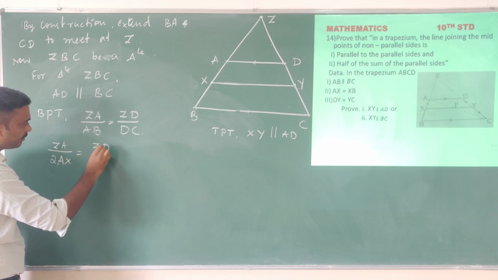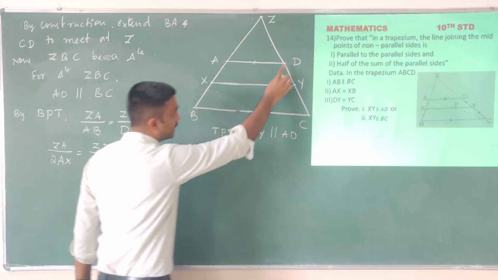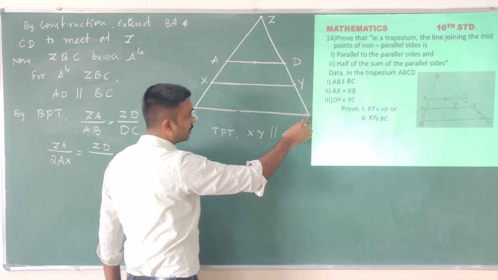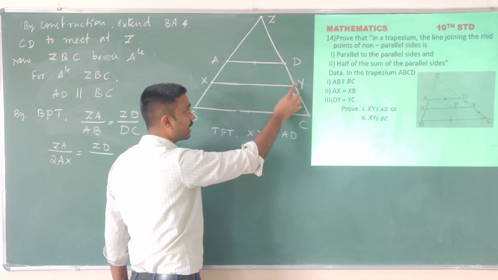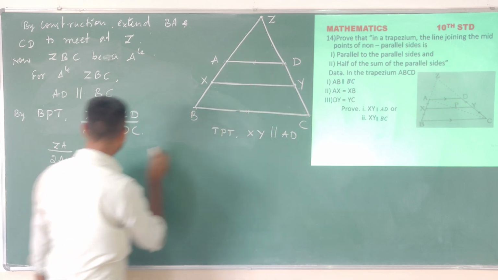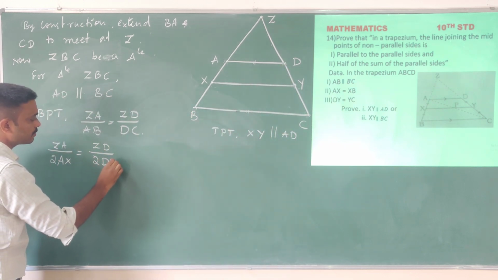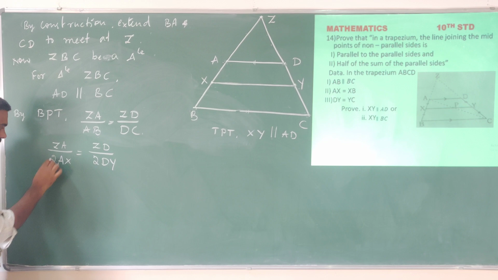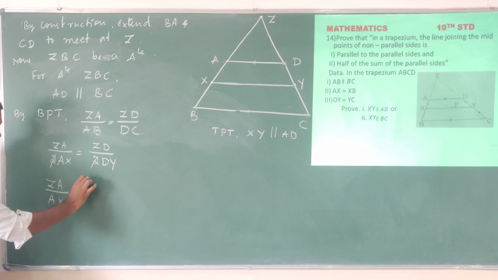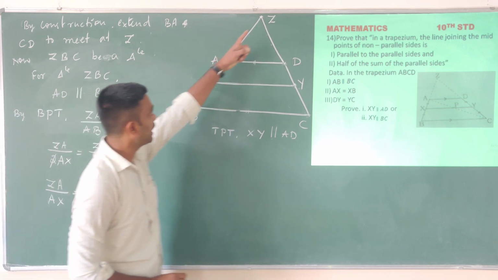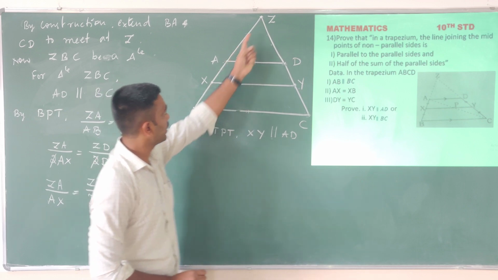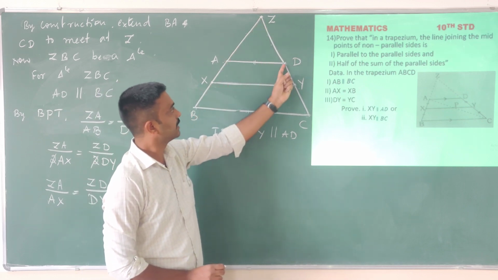Similarly, ZD, which we keep as it is, divided by DC is twice DY, because Y is the midpoint of DC, and hence DC can be written as 2 times DY. Now on both sides the 2 gets cancelled, so the ratio becomes ZA by AX equal to ZD divided by DY.